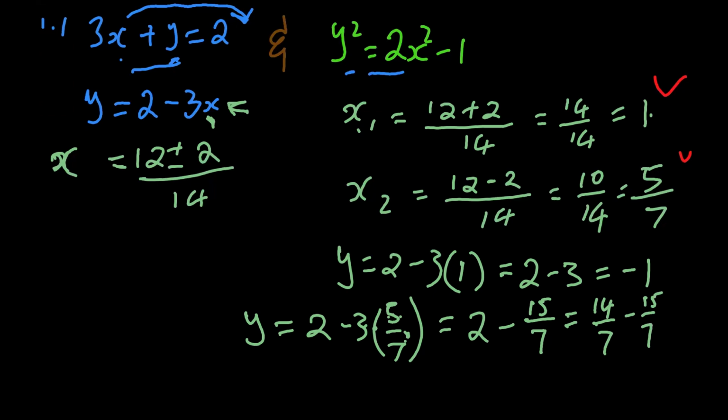So we have these two denominators, 7 cancels with this 7, you're left with the 14, and 7 again cancels with the 7, you're left with the 15. Now you get 14 minus 15, which gives you minus 1 over 7.